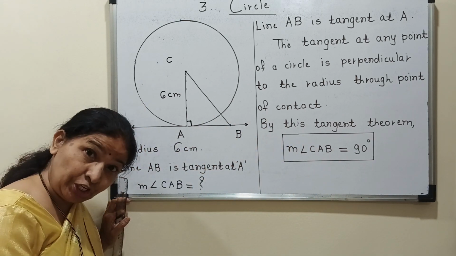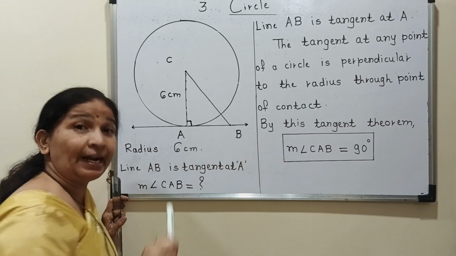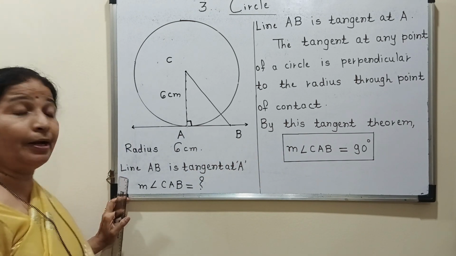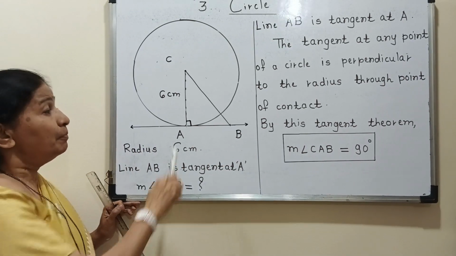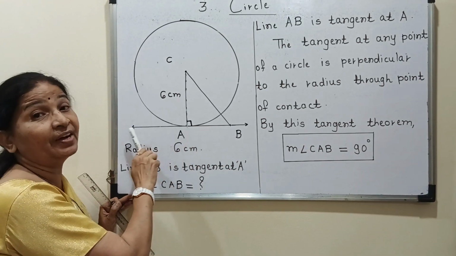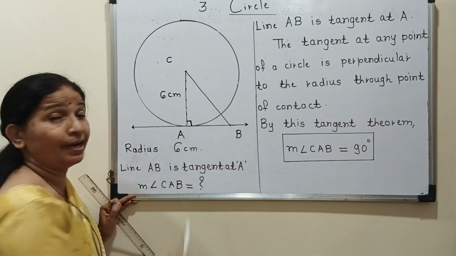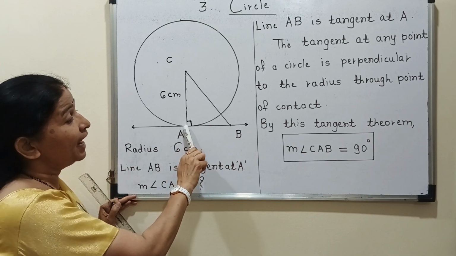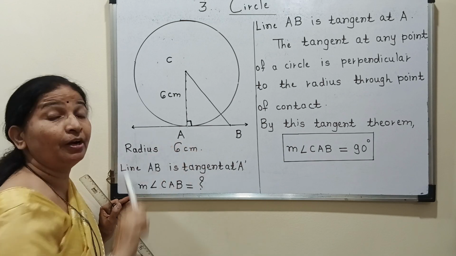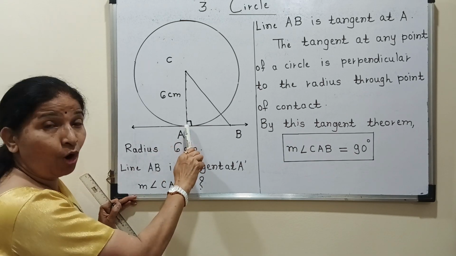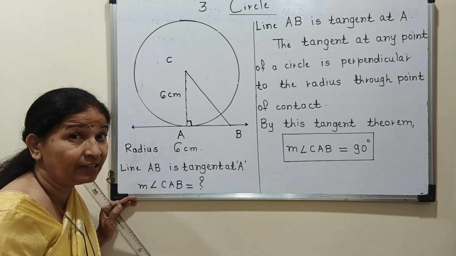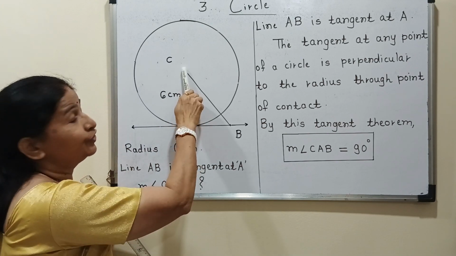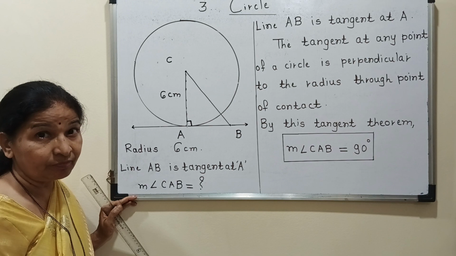Okay, so here we learn the tangent theorem. Is it a tangent? Yes, it is a tangent because it is touching a circle in a single point. Which is the point of contact? That A is the point of contact. Through that point they have drawn a radius. Yes, they have drawn a radius. Which radius? AC or CA.